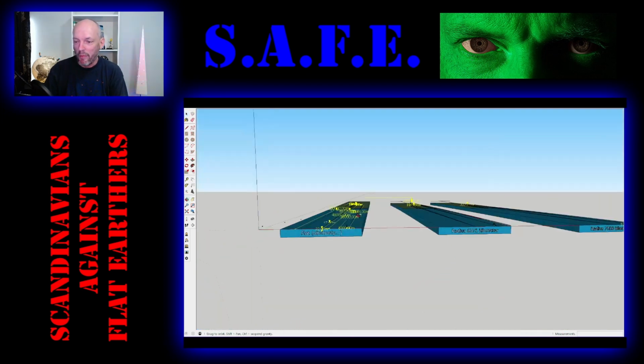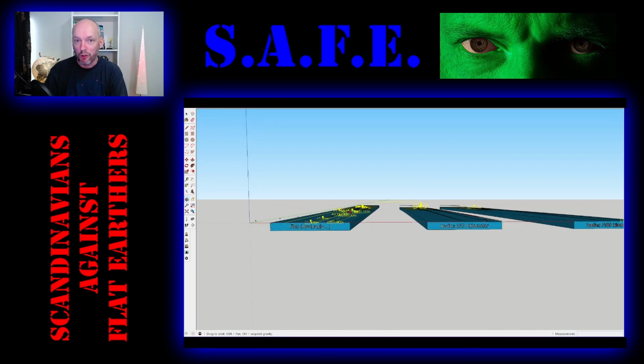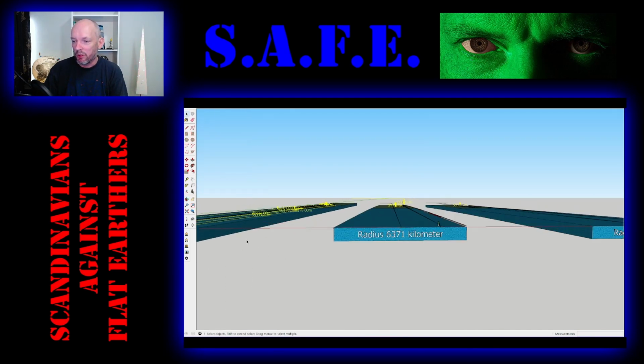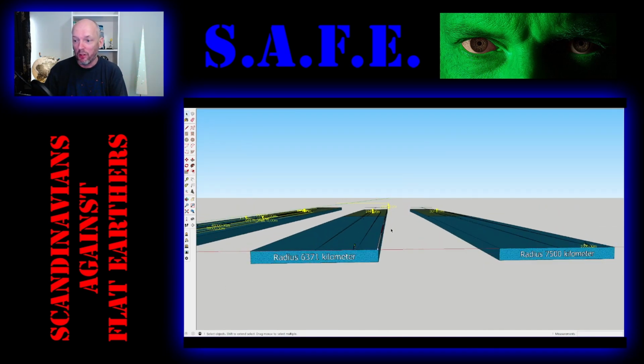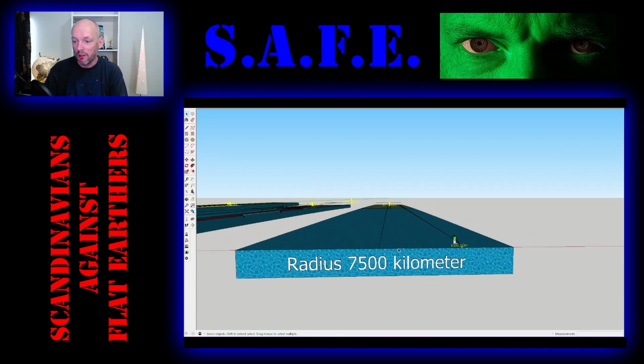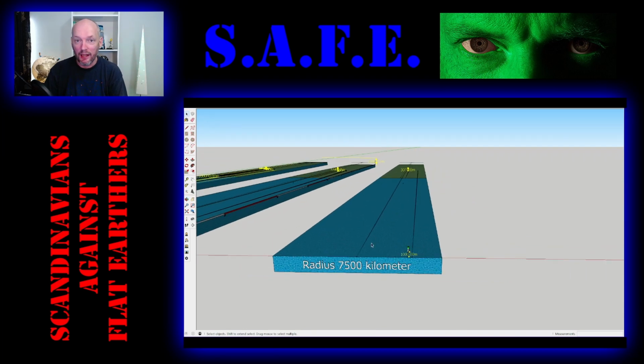This is the flat one. No curvature. This one is the measured known radius of the Earth, 6,371 kilometers. No assumption. This one is with standard refraction, and again we'll come back to the refraction later.